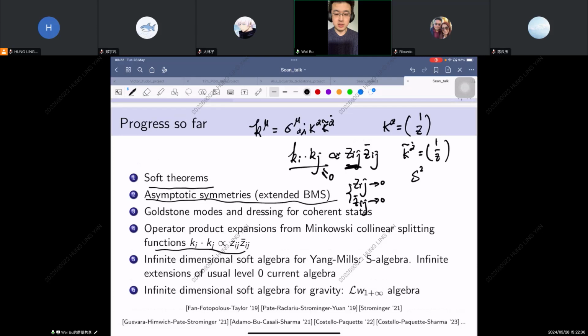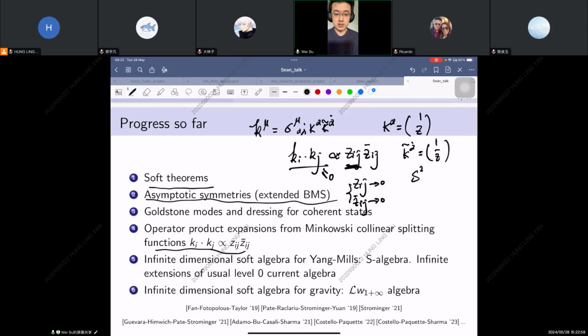And this means the two points on the celestial sphere, the insertion points of the conformal primaries, get close to each other. So that's the OPE limit, if you like, in the conformal field theory. So if you Mellin transform the splitting functions from collinear singularities, you get so-called celestial OPEs.